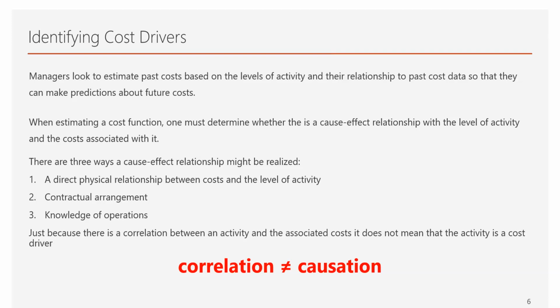So just because total costs increase as units of activity, let's say labor hours, are increased, and then my total overhead increases, well, they may be going in the same direction, but labor hours may not be the best cost driver for that overhead cost. So just because there's a correlation between the activity and the costs associated with it, or the assumed cost driver, does not mean that activity really is a cost driver.